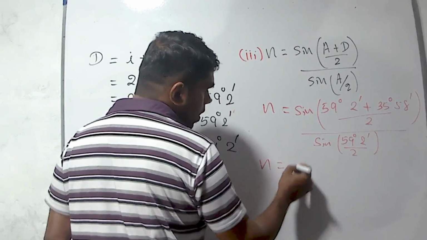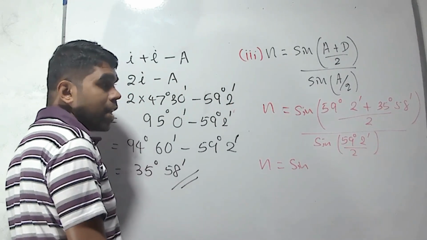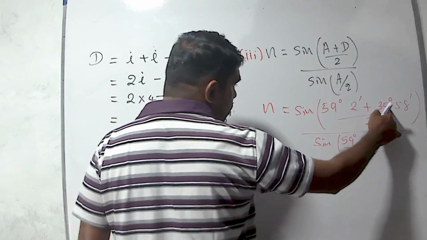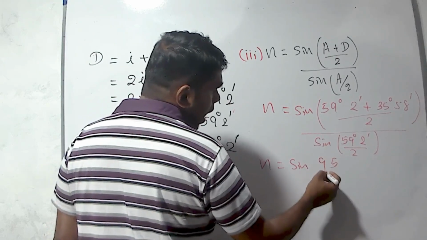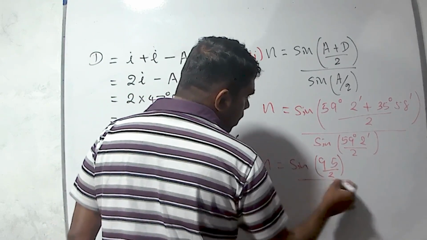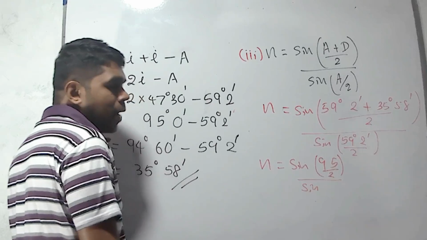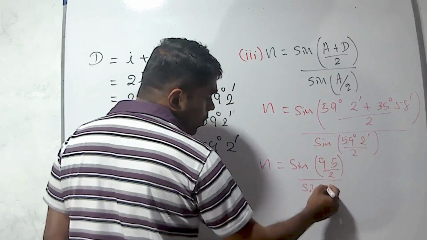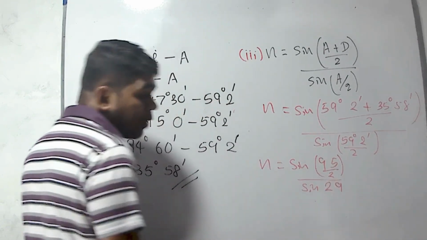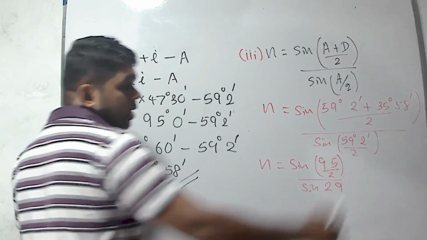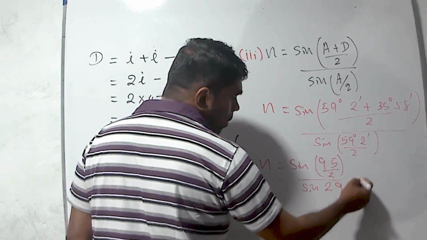N equals sin of 2 plus 58, 60. It means 1 degree. 9 plus 5, 14 plus 1, 15, 1 remaining. 5 plus 3, 8 plus 1, 9. Sin 95 divided by 2, divided by sin, I will divide this value by 2. 59 divided by 2, 5 divided by 2, 2, 1 remaining, 19 divided by 2, 9, 8, 18, 1 remaining, 1 degree means 60 minutes, 60 plus 2, 62 divided by 2, 31 minutes.